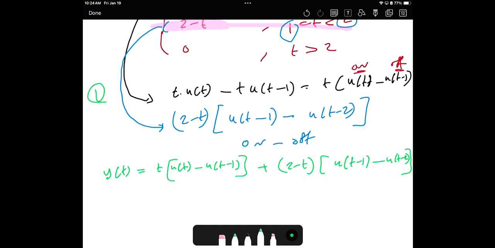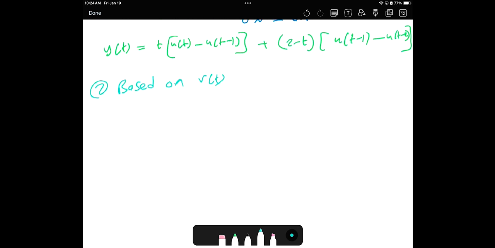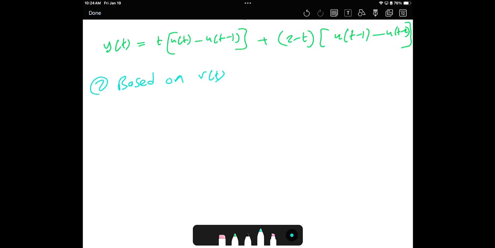Now the next representation is based on r of t. In order to recall this, let's make the plots. Actually, when we make it based on r of t, it will be easier in this situation.